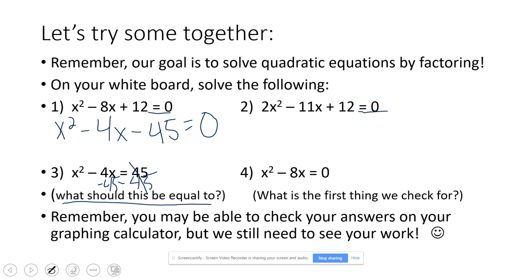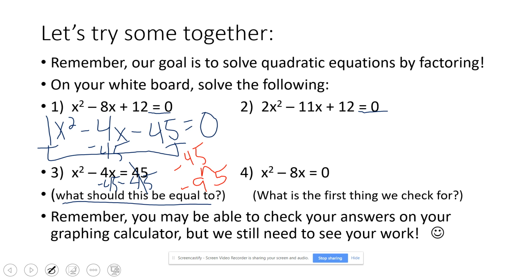Now that it's equal to 0, we're going to check for a greatest common factor between 1, 4, and 45. And there isn't one. So 1 times negative 45 is negative 45. We need two numbers that multiply to negative 45 and add to negative 4, which would be -9 and positive 5.